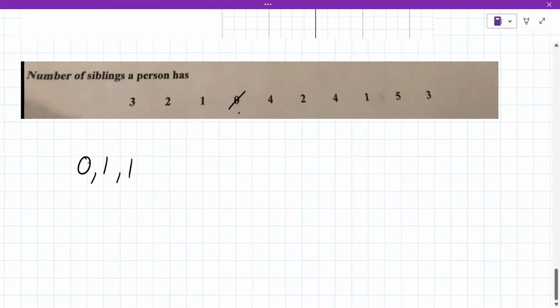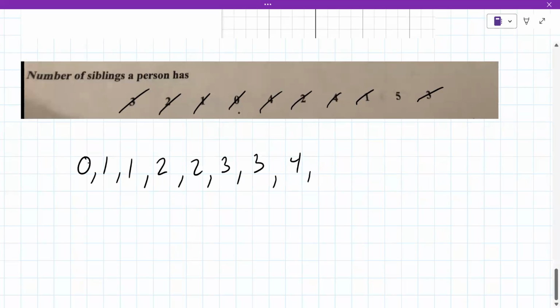Looks like there's 2 1s, and then 2 2s, and then 2 3s, and then 2 4s, and then 1 5. Also a good idea to count 1, 2, 3, 4, 5, 6, 7, 8, 9, 10, and then make sure you have 10 in your new list. And you do.